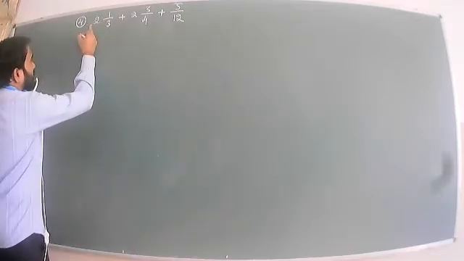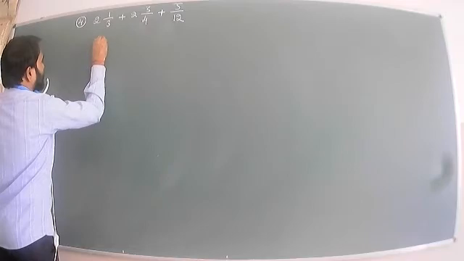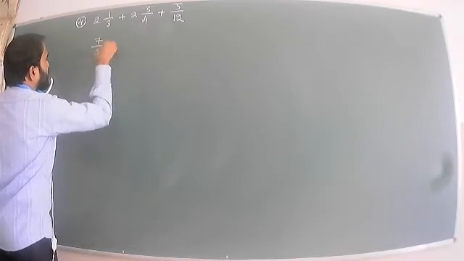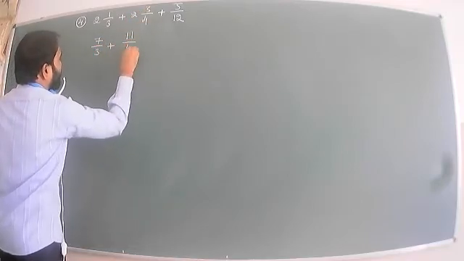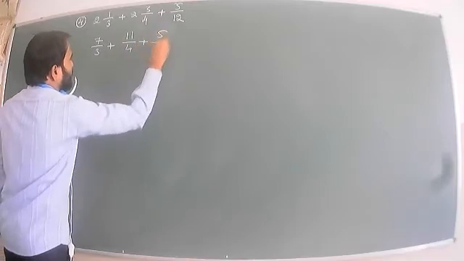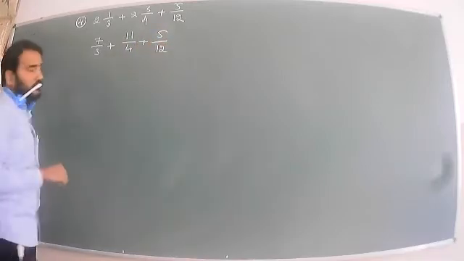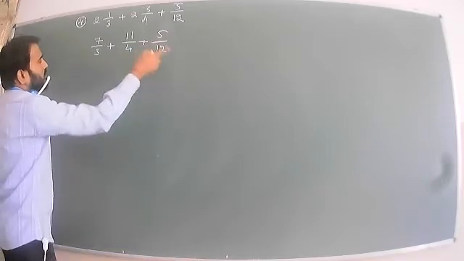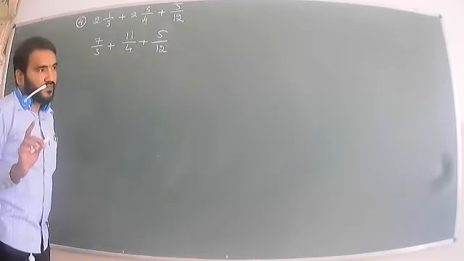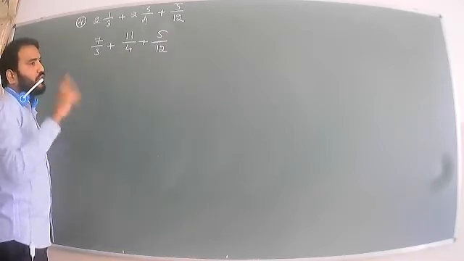2 times 3 is 6, 6 plus 1 is 7, so 7 by 3. Plus 2 times 4 is 8, 8 plus 3 is 11, so 11 by 4, plus 5 by 12. Now all the denominators are different, so these are unlike fractions. Convert to like fractions using the LCM.